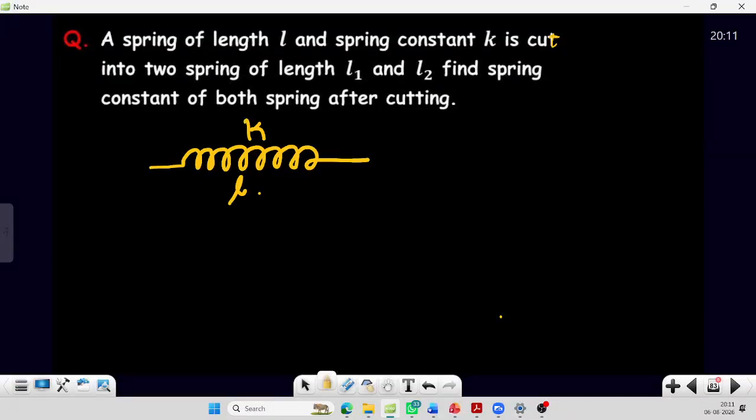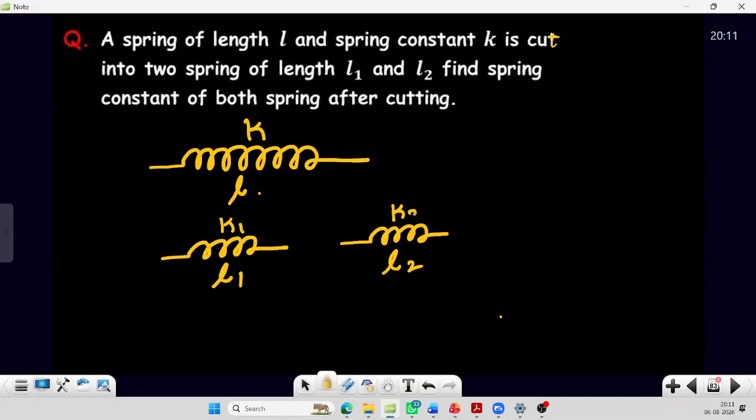So simply they have given L1, L2. Let us consider this length is L1 and the second part length is L2. Now we need to get the spring constant of this part and of this part.